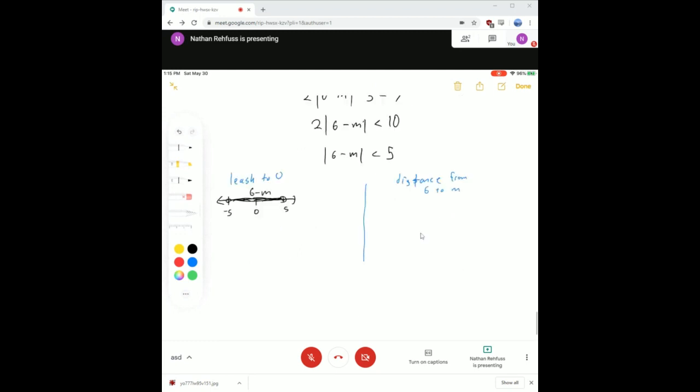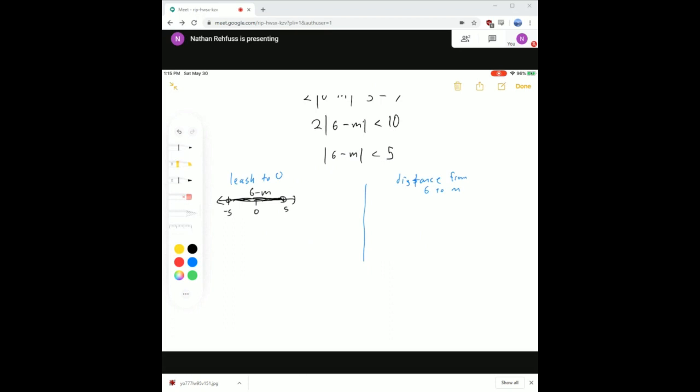Okay. I realized this solution is going to include the pure syntax solution, so there's no reason not to explain the geometry. The leash to 0 says this expression has to be within 5 units of 0, and it's 6 minus m. So we've got a lower bound and an upper bound.